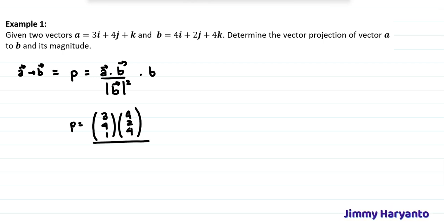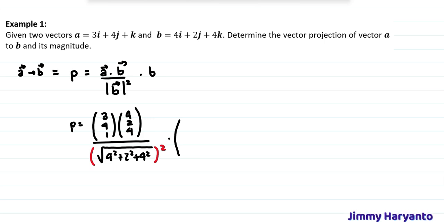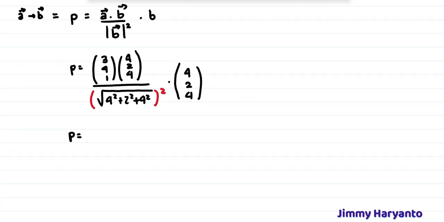And then the magnitude of B will be the square root of 4 squared plus 2 squared plus 4 squared, and then you square it because the formula says so, and then multiply it again with the vector B, which is 4, 2, and 4. Okay, and then you only have to calculate. First, you have to calculate the dot product like that.